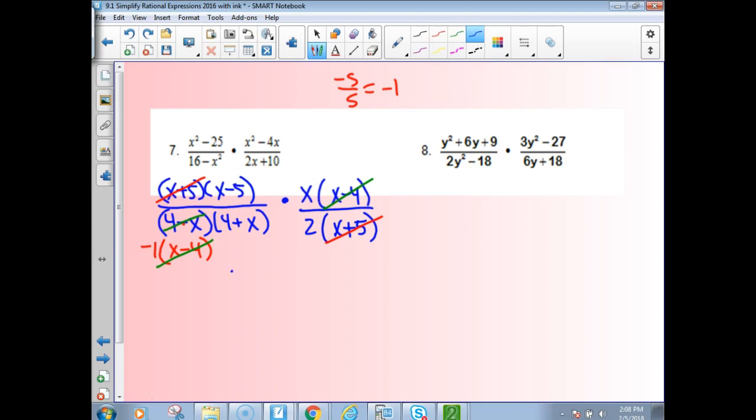So let's just start writing it. X times x minus 5 all over negative 1 times 2 would be negative 2. And then I'd have, I'm going to rewrite that 4 plus x to x plus 4. You don't have to, but your book probably would. Now, most of the time in your text or in a standardized test, they will not leave the negative sign in the bottom.